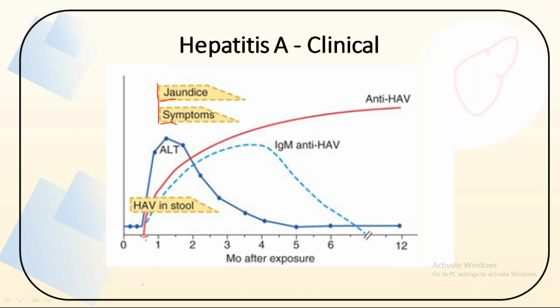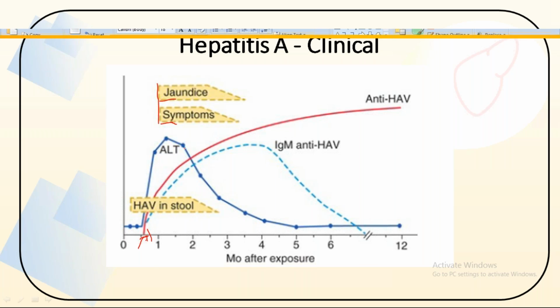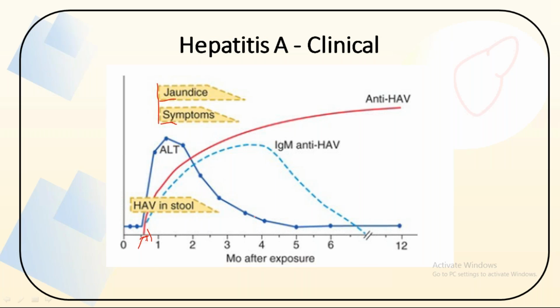But before the symptomatology has started, there is elevation of the enzyme systems, alanine aminotransferase, GOT, because it elevates, and by the time the symptoms develop, it starts flattening and gradually returns to baseline level in 5 to 6 months.